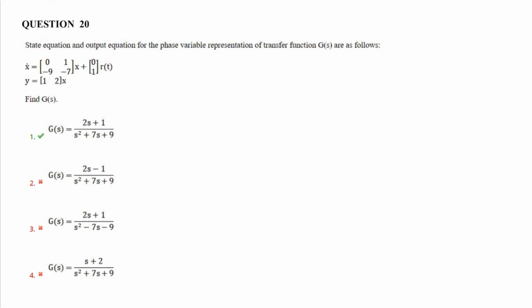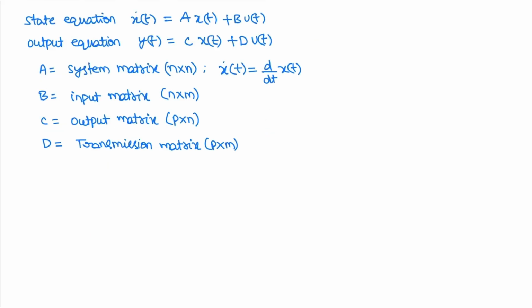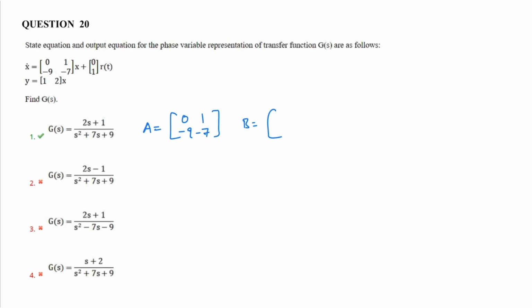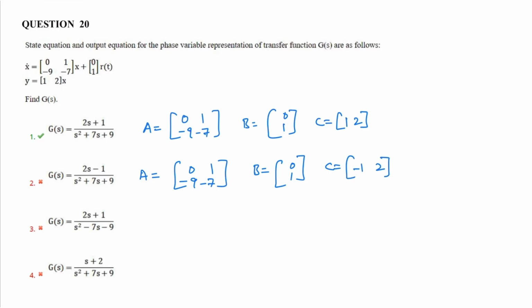For the corresponding transfer function, the system matrix A is [0 1; minus 9 minus 7], the input matrix B is [0; 1], and the output matrix C is [1 2]. Similarly, for option B, the system matrix is [0 1; minus 9 minus 7], B is [0; 1], and the output matrix C is [minus 1 2].